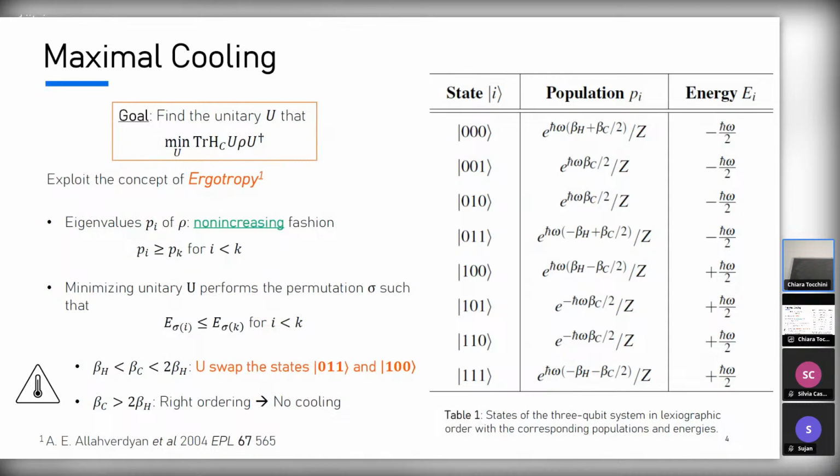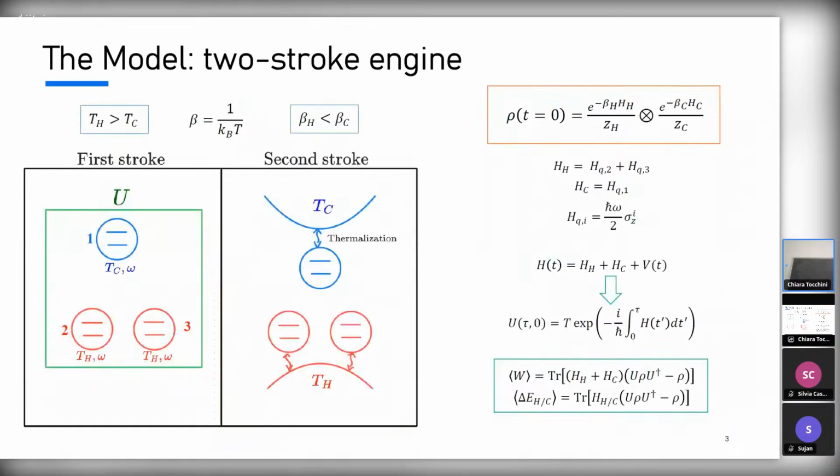So we borrow the technique used in the ergotropy problem, and in particular we noticed that the Hamiltonian commutes with the initial state.